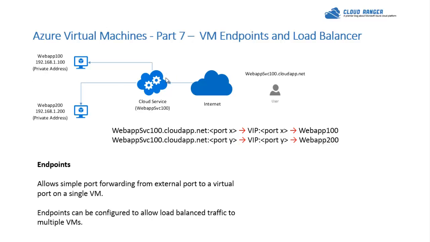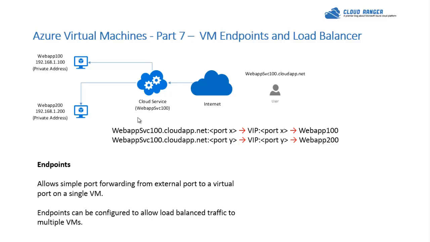So when you come to the cloud service over here, you look at a specific port, for example port X, and it will know that if I ever come to port X, what I need to do is go to a port on this virtual machine. So it's basically port forwarding at this cloud service point.